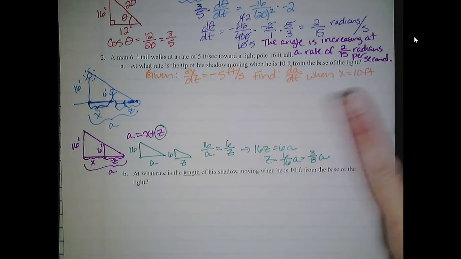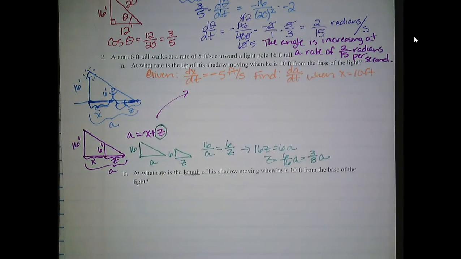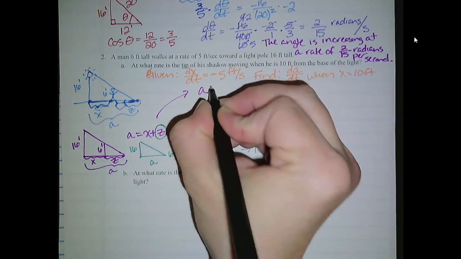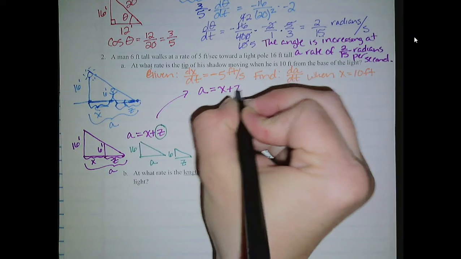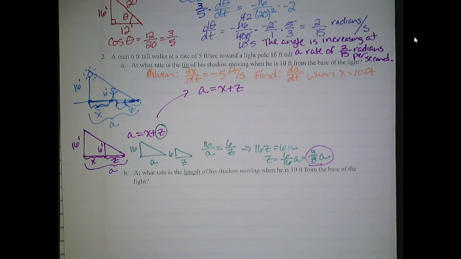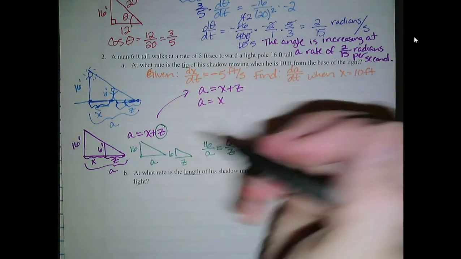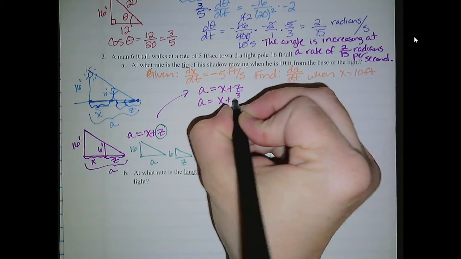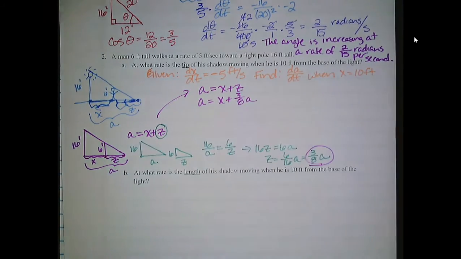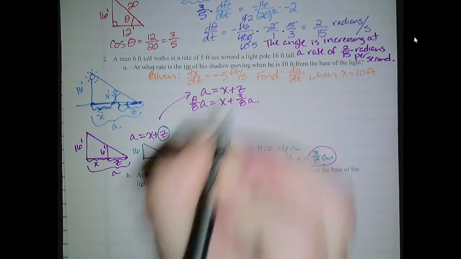So now if I go back to my original equation, I'm going to write it up here so I have more room. a equals x plus z. Now I know that z is equal to 3/8 a. So I have a equals x plus 3/8 a. So I have 1a, or 8/8 a.